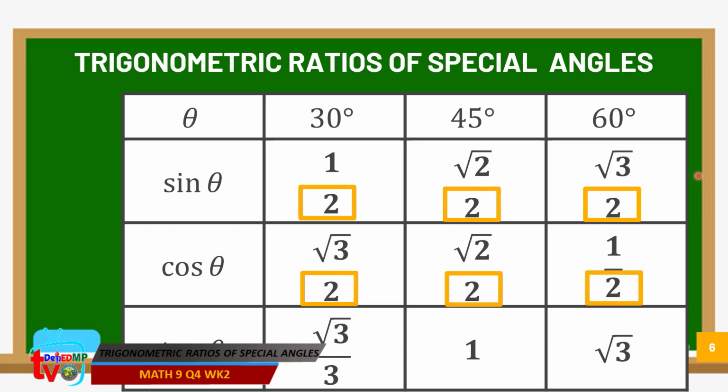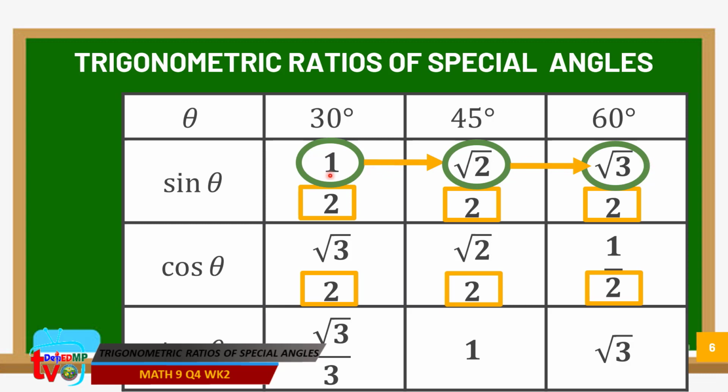How observant you are! Yes, all the sine ratios have a denominator of 2, while the numerators are arranged such that for the sine ratio of a 30-degree angle, the numerator is 1, and for 45 degrees, it is square root of 2, and for 60 degrees, it is square root of 3.